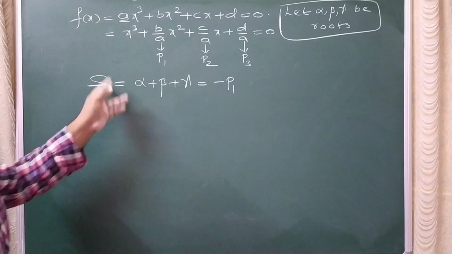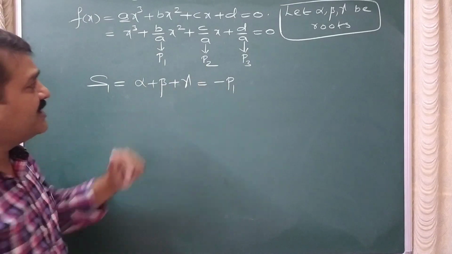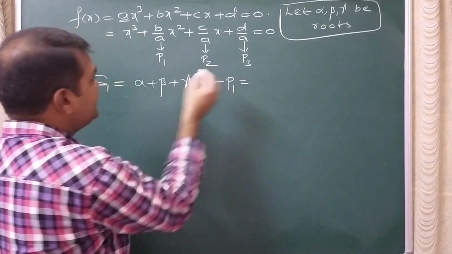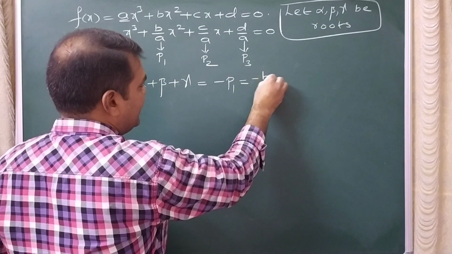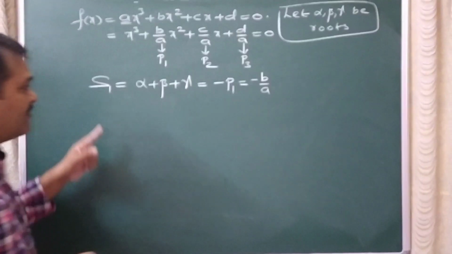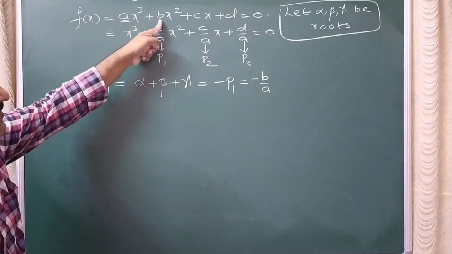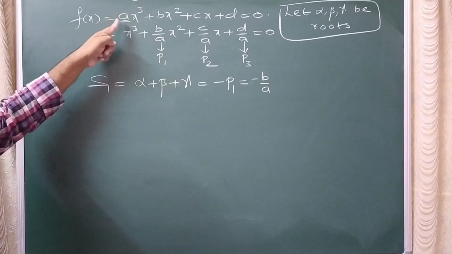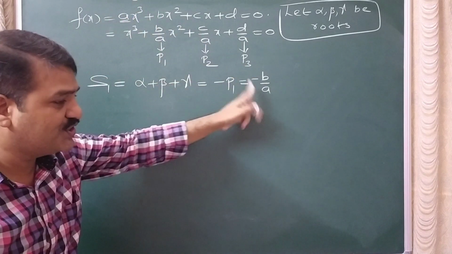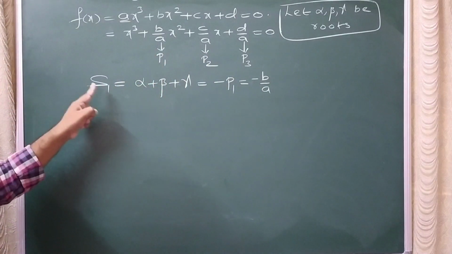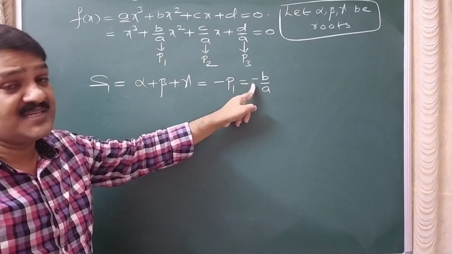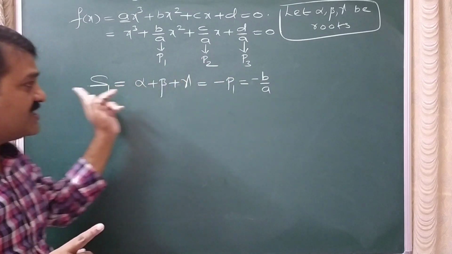So S1 is equal to minus P1. That means minus b by a. So what is the sum of the roots? Minus coefficient of x square by coefficient of x cube. For odd suffix you have to change the sign. Minus should be written for odd suffix.